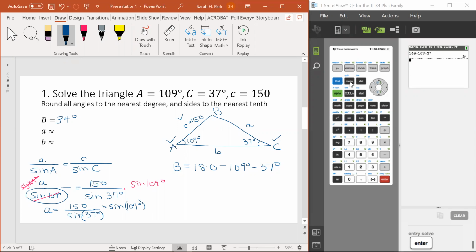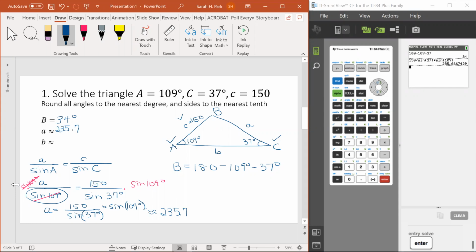Make sure that when you're working in 7.1, because we are working with degrees, your calculator is set to degree mode. Let's put this in: 150 over sine of 37 times sine of 109 degrees, let's round to the nearest tenth, is 235.7. So side a is 235.7.